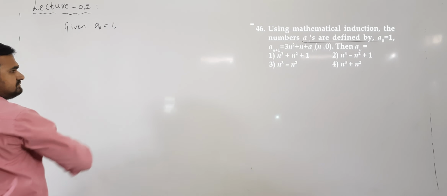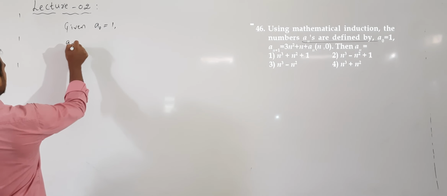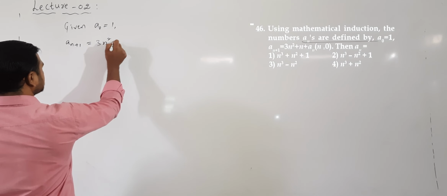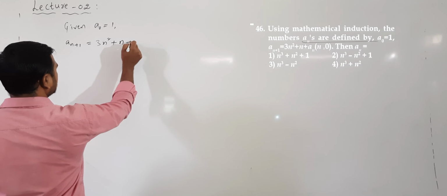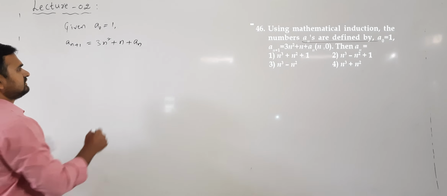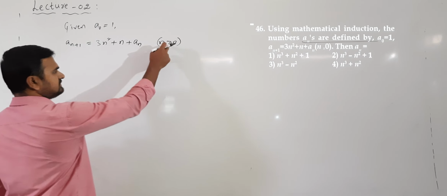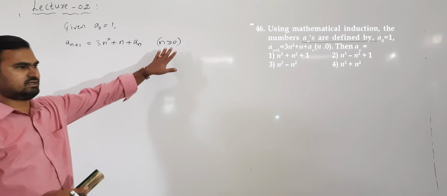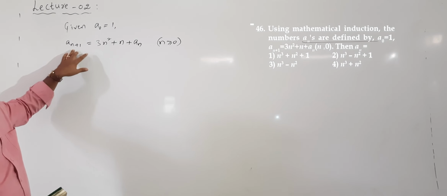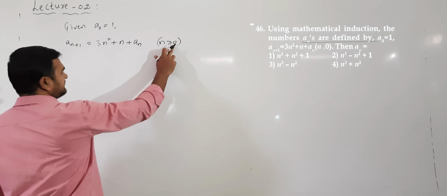Given that a0 is 1 and a_(n+1) is written as 3n squared plus n plus a_n, where n should be greater than or equal to 0. By taking some values for n here, we can obtain the terms of this sequence. So find the terms for n greater than or equal to 0.